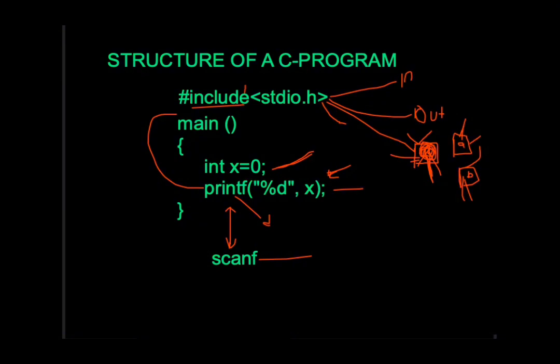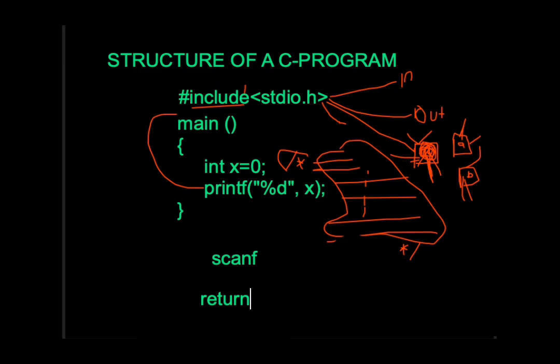So after this, we're going to talk about return 0. After your main function, you have to return 0, and with this return 0 you're trying to communicate with your operating system to indicate that if this job is done successfully, just tell me.